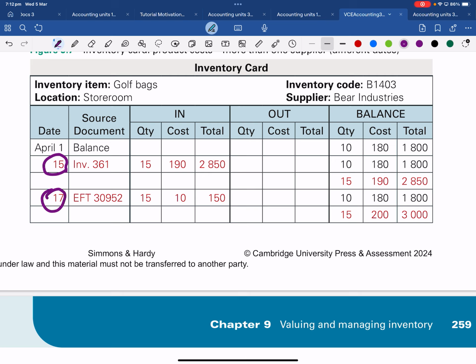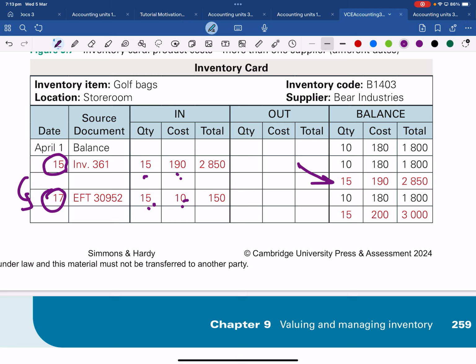Then you can't add them together. Then what do you do instead? See, 15 at 190. Then you will update here, 15 at 190. Then after 2 days, we are paying for the inventory, the cartage in 15 at 10. It doesn't mean that it's a different set of shipment, but it's the same thing.